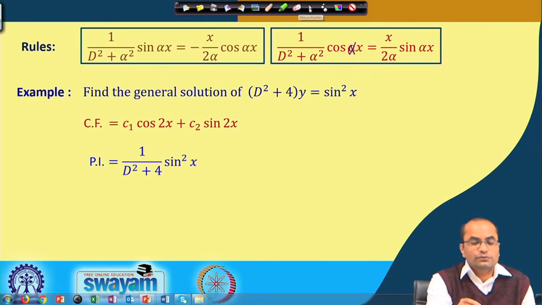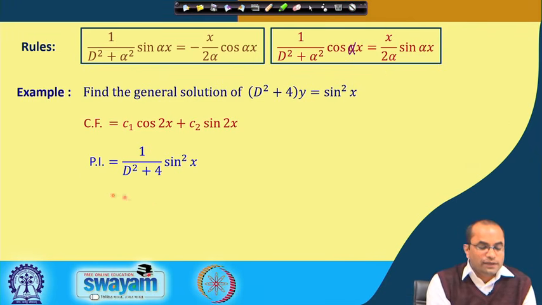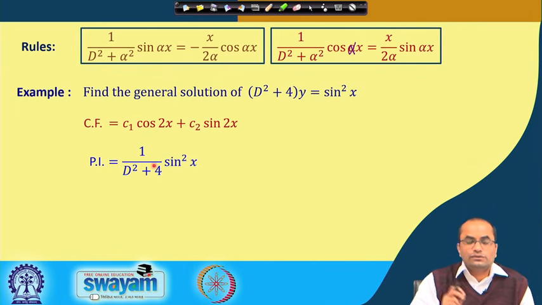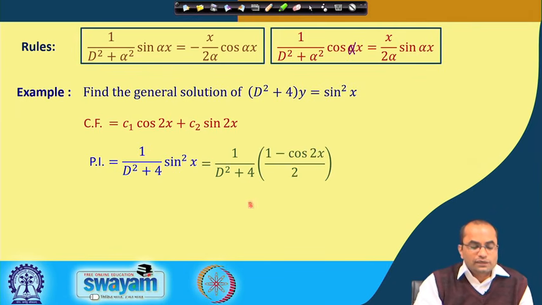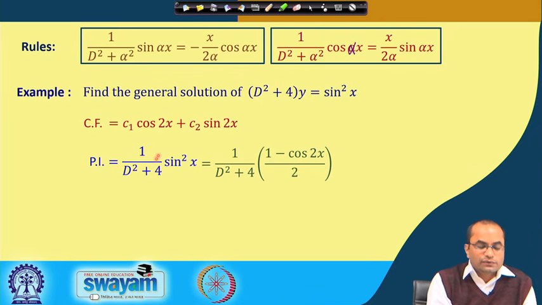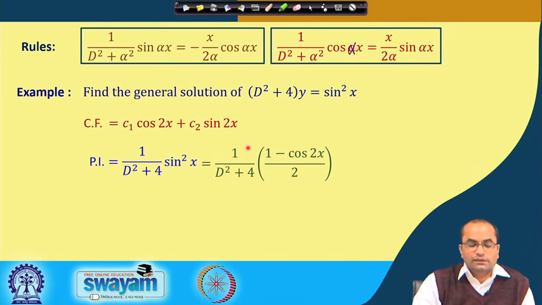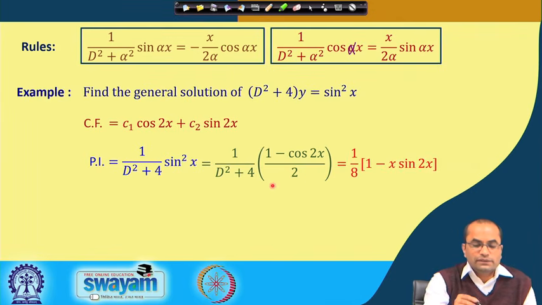So, we can rewrite this sin square x in terms of the 2x angle. That will be 1 over d square plus 4, and sin square x will be written as 1 minus cos 2x divided by 2. Now we can apply this operator on 1 minus cos 2x. So, 1 over 2 as a constant we can take out.